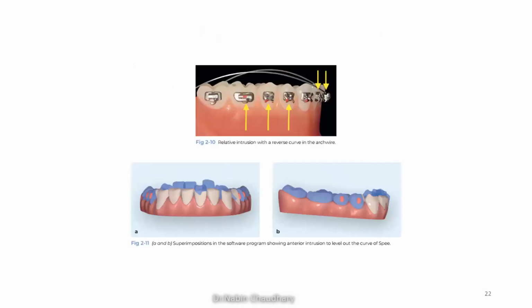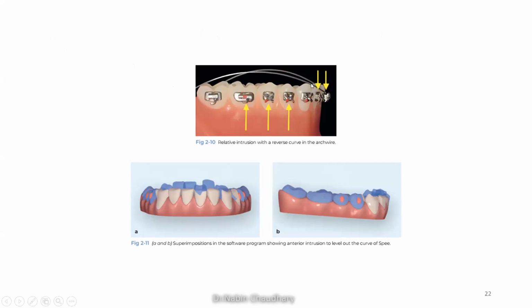An example of this over-engineering is that in conventional fixed appliances, we generally place a reverse curve archwire in order to correct a deep curve of Spee.